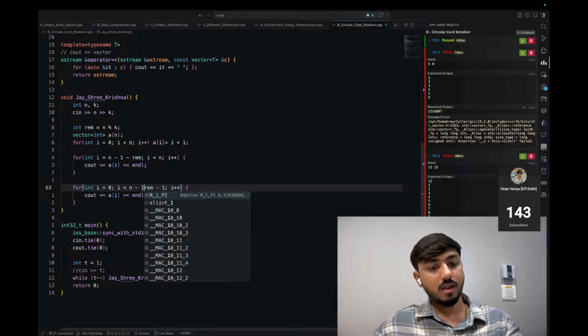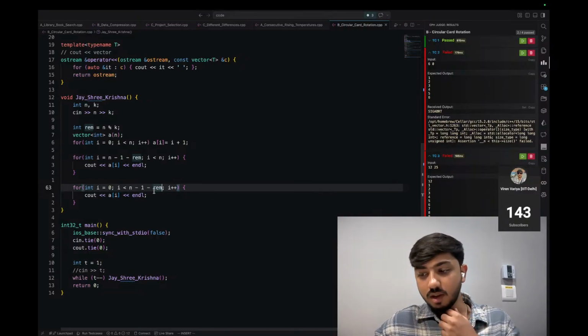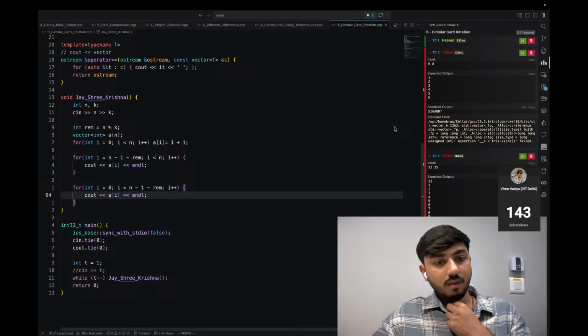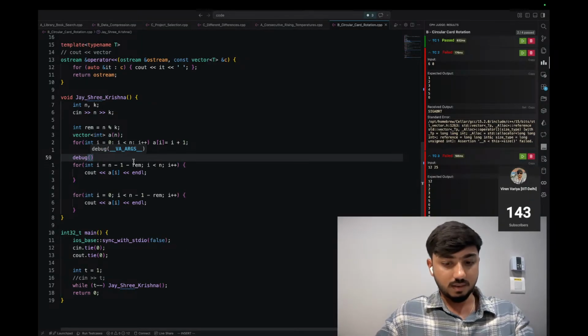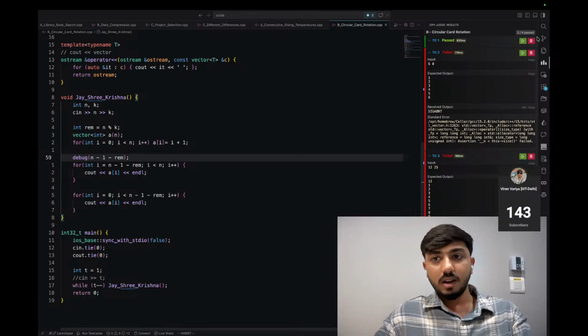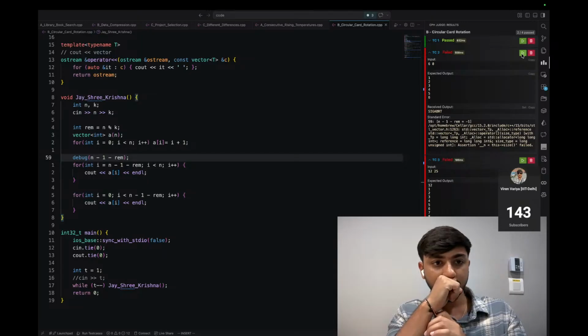Okay, okay. Why is this not working? Let me debug. Let's debug. That is the only option we are left with. Oh, this is being minus 1.